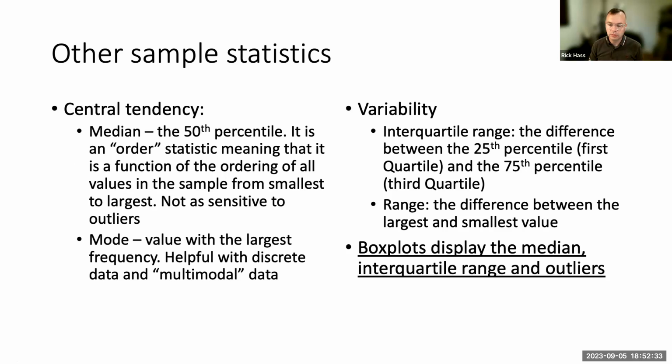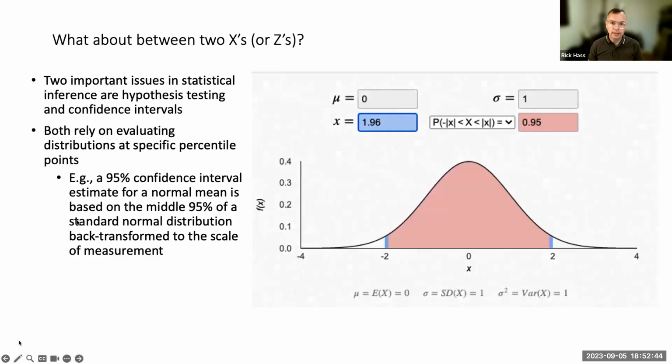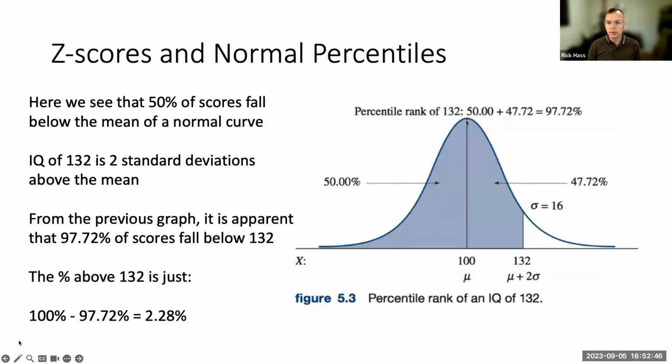The median will usually give you something closer to the most typical score. It literally is the 50th percentile. Okay. And indeed, in a normal distribution, the mean and the median are the same number. Okay. So in a theoretically normal distribution, the mean and the median are the same number. Okay.